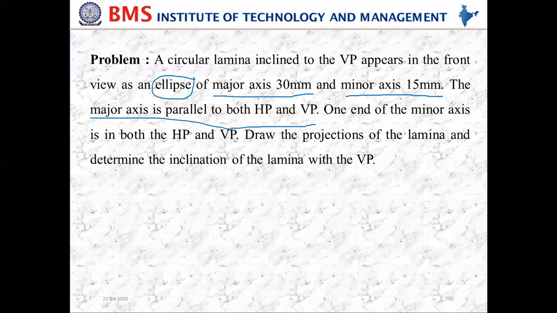So how does the ellipse look like? Generally an ellipse looks like this. It's an oval kind of shape like this, and this is called the major axis and this is called the minor axis.